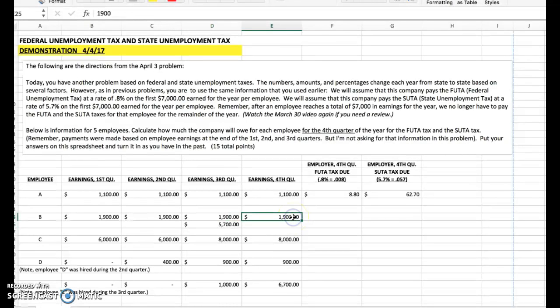So we don't have to pay based on this entire $1,900 because that takes us over $7,000. How much do you need to pay on in order to pay up to that $7,000? So we take our $7,000, subtract $5,700 from it, we get $1,300, right? Follow me?